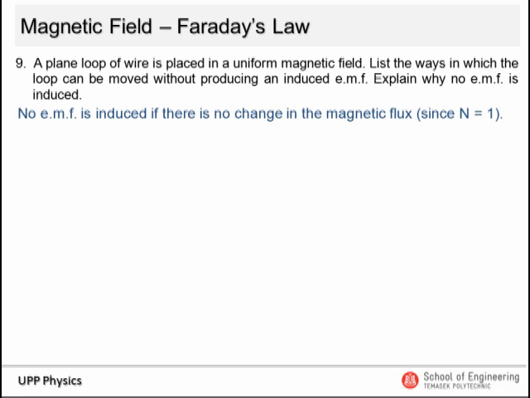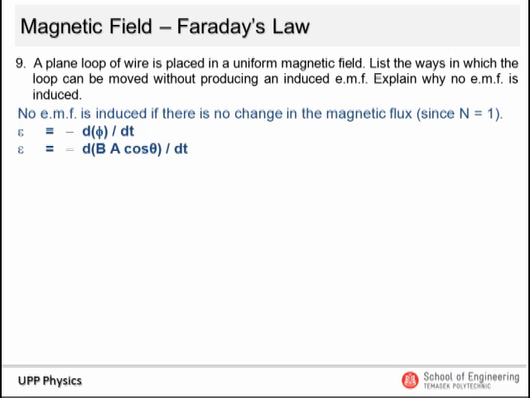No EMF is induced if there is no change in the magnetic flux linking that plane loop of wire. Remember, in this question, n is equal to 1. So we will not be dealing with magnetic flux linkage. Rather, we will be dealing with magnetic flux. So mathematically, induced EMF epsilon is equal to the negative of the differentiation of magnetic flux with respect to time.